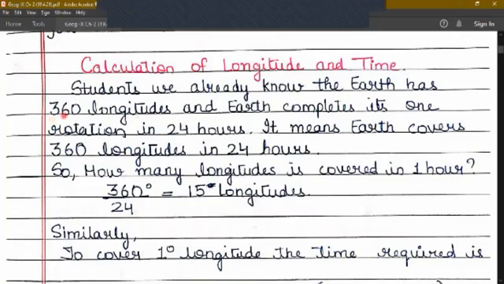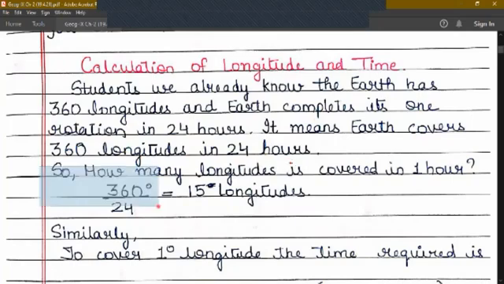They all form overall 360 longitudes. And we also know that Earth completes one rotation in about 24 hours. It basically means that Earth covers 360 longitudes in 24 hours.